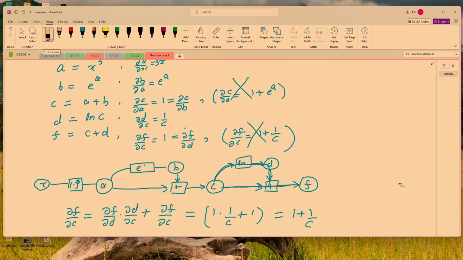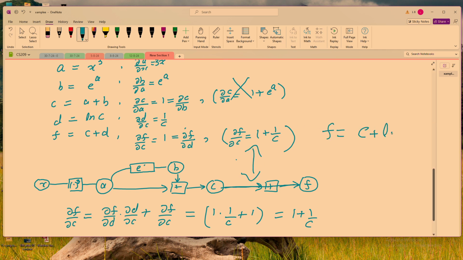And if you had not considered this path, it becomes equivalent to substituting f is equal to c plus ln c, and then writing df over dc, or if Tanishq is happy, the complete df over dc is 1 plus 1 over c.